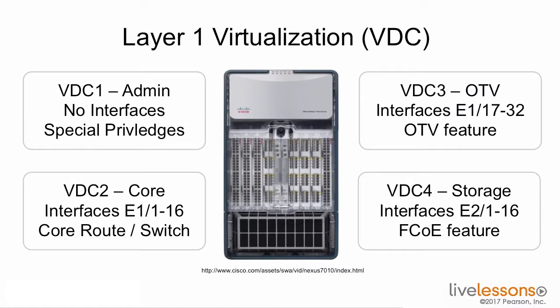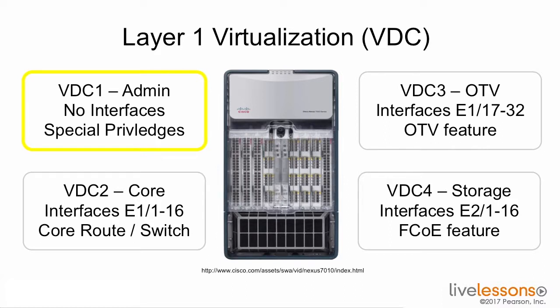Here is an example of how these VDCs might be laid out. VDC 1 might be the admin VDC, which has no interfaces but does have special privileges. Administrators that can log into the admin VDC have the ability to change other VDCs and even suspend and reload those VDCs.